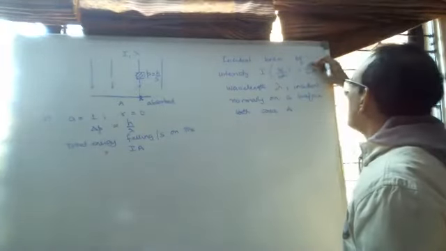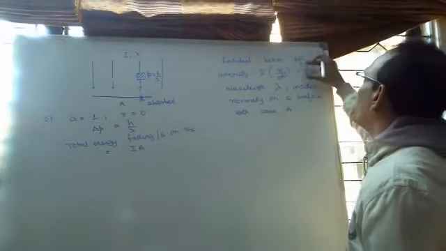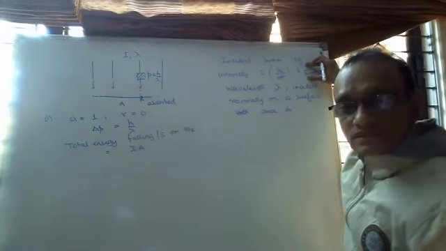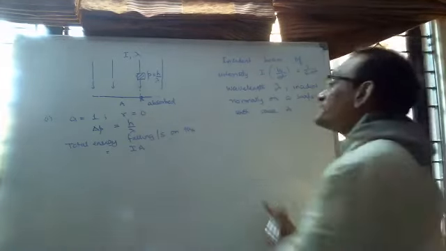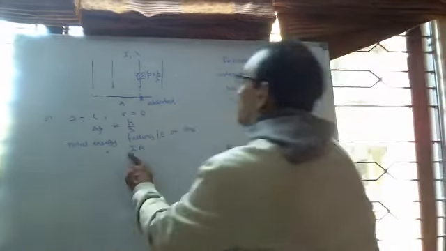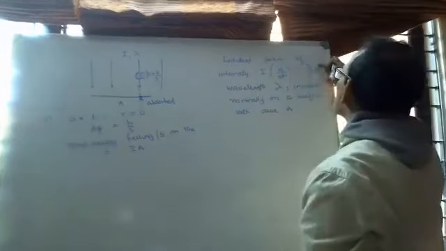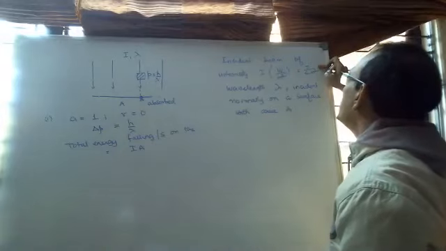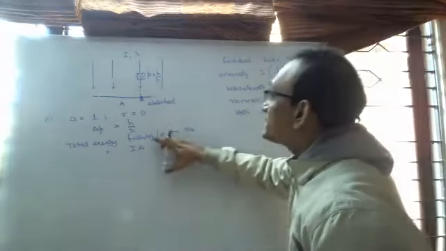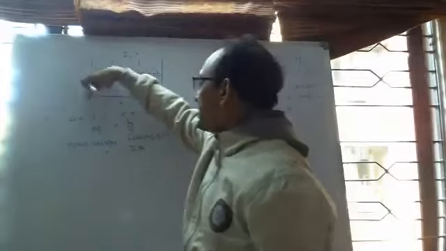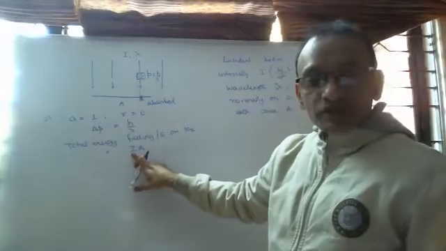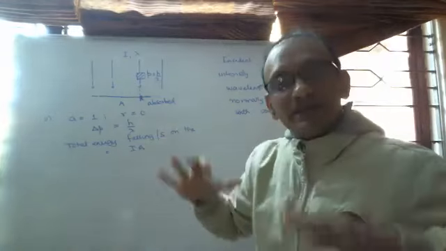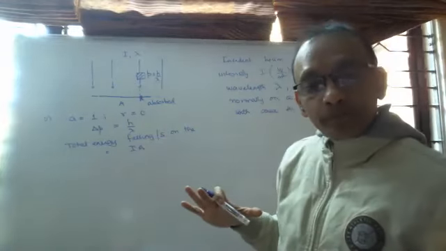If I multiply this with the area, I'll get joules per second. Energy falling per second on this area. That's the total energy falling per second: I into A. Watts per meter squared into meter squared will give me joules per second.